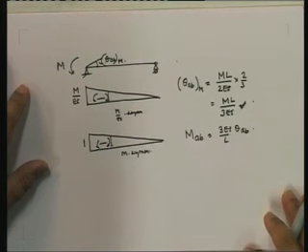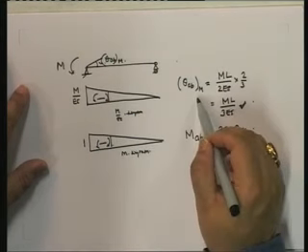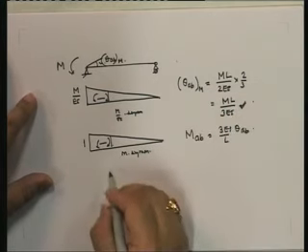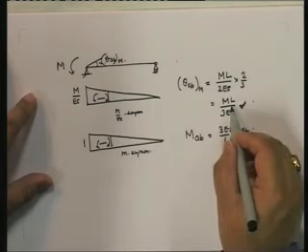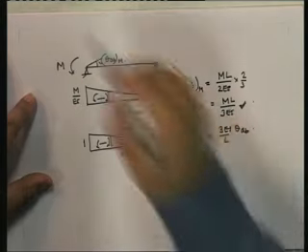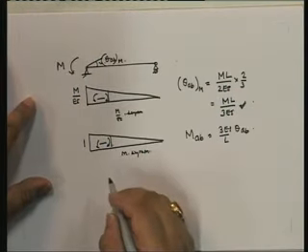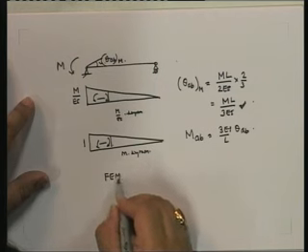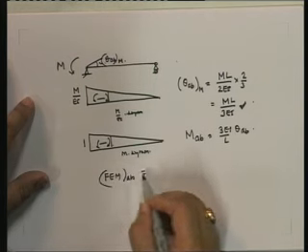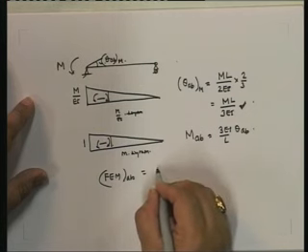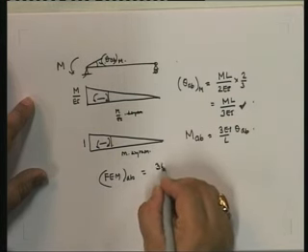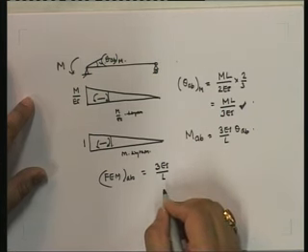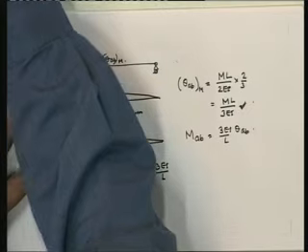Okay? So now, since we know the theta AB, and this has to be equal to, so if M has to be the fixed end moment, then this plus this has to be equal to 0. So therefore, what we have is fixed end moment at AB becomes equal to 3EI upon L. Okay, note that this was minus.